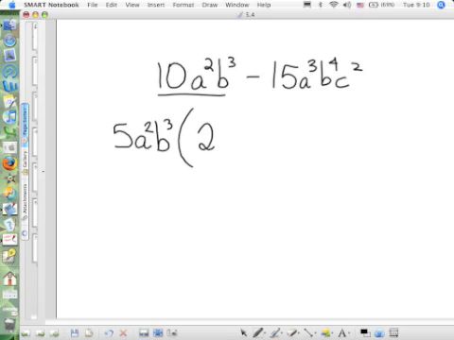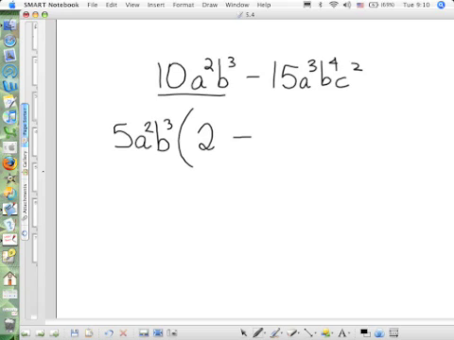What'd you do? I'm factoring this out of this, which means I'm dividing by this. So 10 divided by 5 is 2. A squared divided by a squared cancels the a's. And b cubed divided by b cubed cancels the b's. Okay? Look, this times 2 is this.